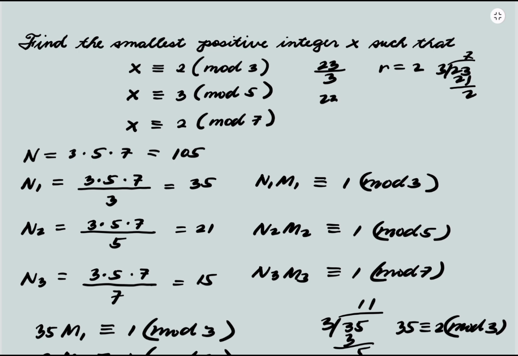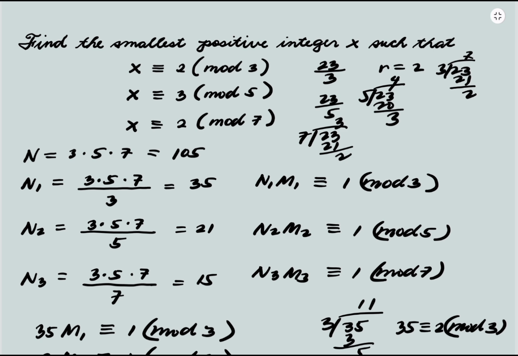Then 23 divided by 5, 4 times 5 is 20, yeah, the remainder is 3. So check. Next, 23 divided by 7, so we have 3, 21, the remainder is 2. So everything works perfectly, right?